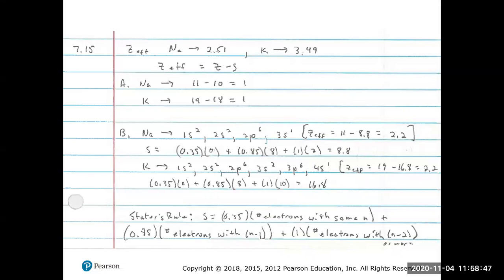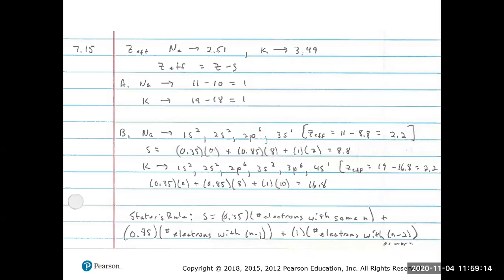Excuse me, we have the 2 and the 1 levels. So we have 6 for 2p, 2 for 2s, and 2 for 1s. That's a total of 10 there, the 2s, 2p and the 1s, sorry about that.